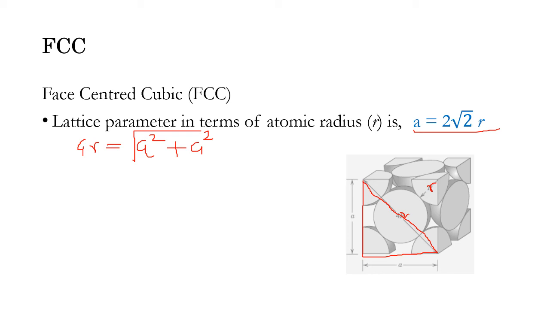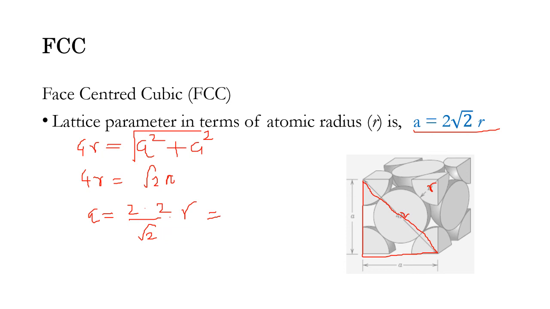So this gives us 4r equals root 2 a, or a equals 4r divided by root 2.